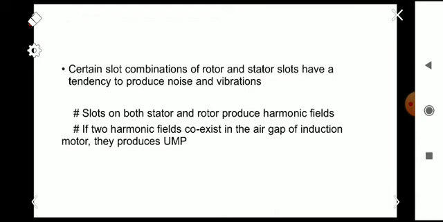If two harmonic fields with number of poles differing by 2 coexist in the air gap of an induction motor, they produce unbalanced magnetic pull and vibrations. Also, symmetrical radial forces of high frequency are produced by the superimposition of rotating magnetic fields due to different pole numbers. This phenomenon creates stator vibrations and magnetic noise.